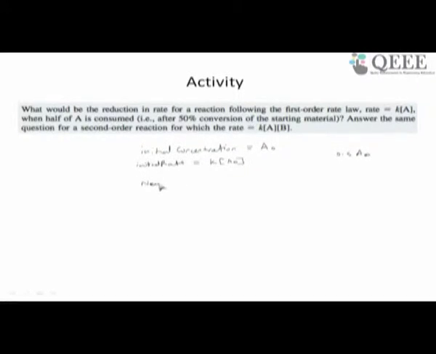So the new rate will be k times the new concentration that is prevailing at that point of time. It's already said clearly, 50% of the starting material is consumed. So the new concentration will be 50% of the original concentration, in other words 0.5 A0. So the new rate can be reoriented as 0.5 times k A0. k A0 is the initial rate.